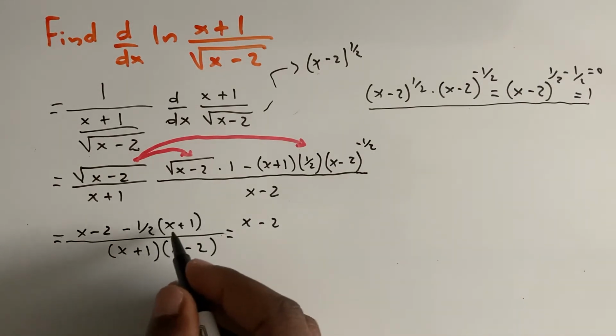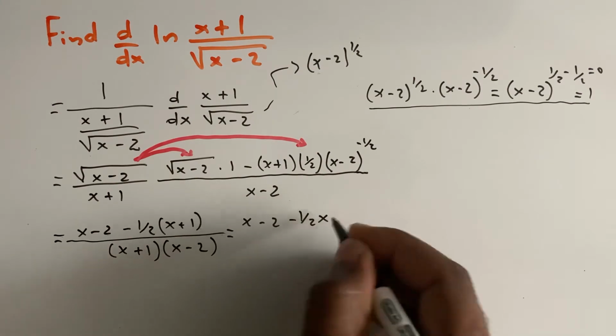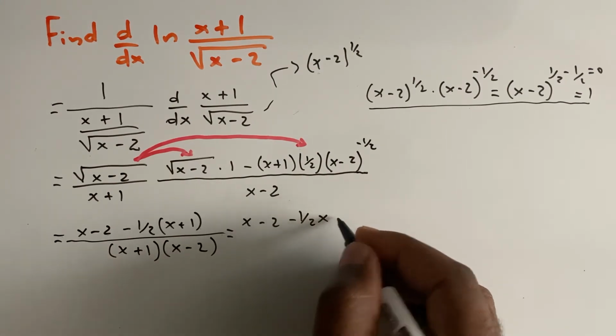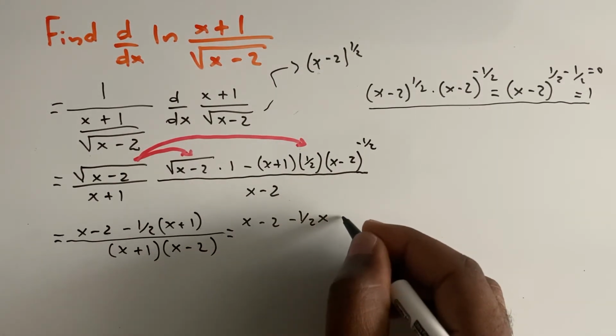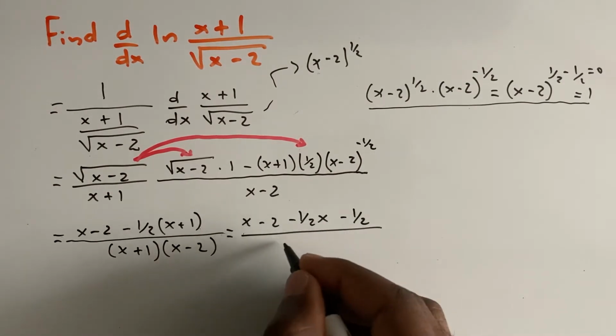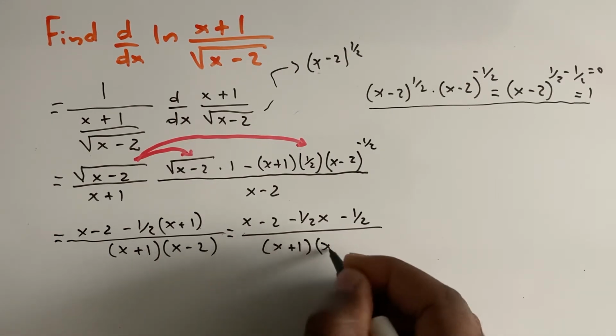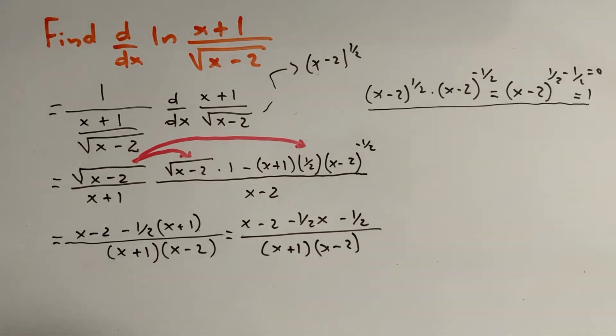Half times x is negative half x, and half times 1 is negative half. And you have this over x plus 1 times x minus 2.